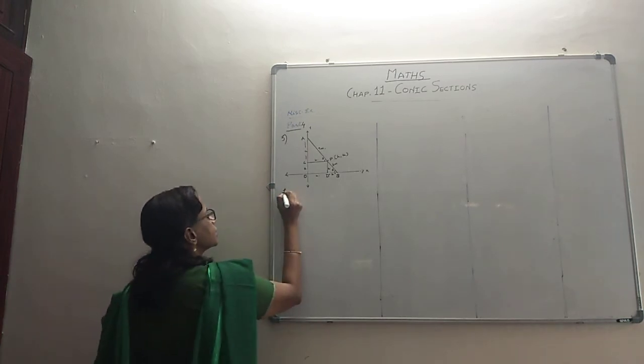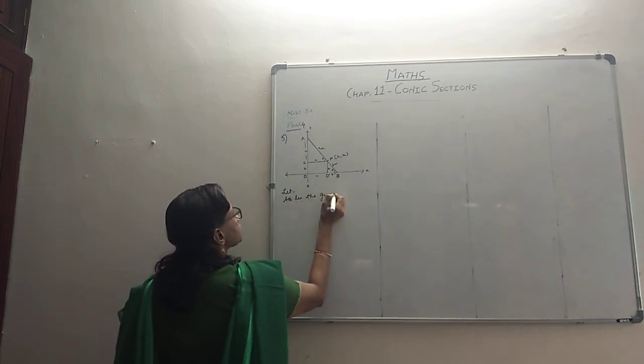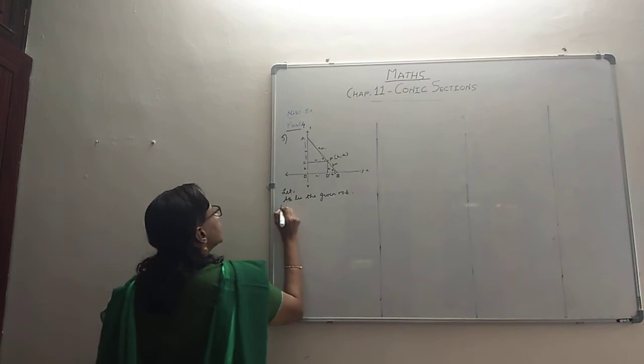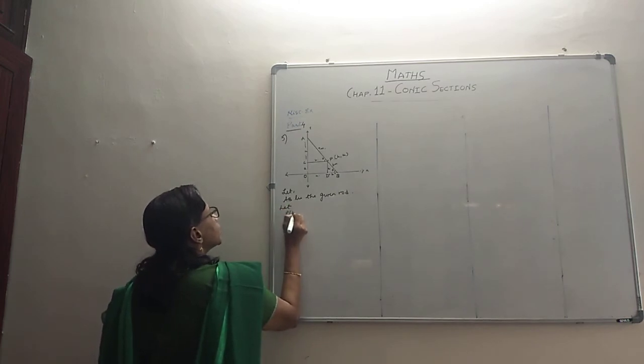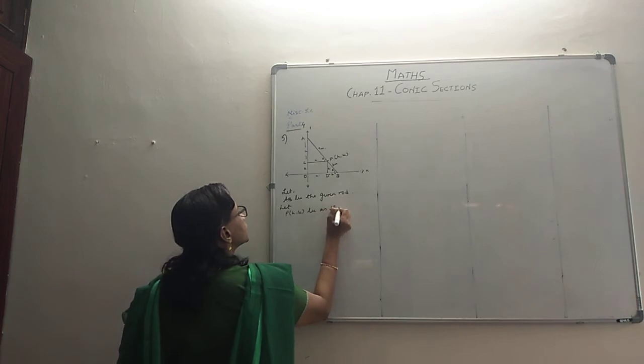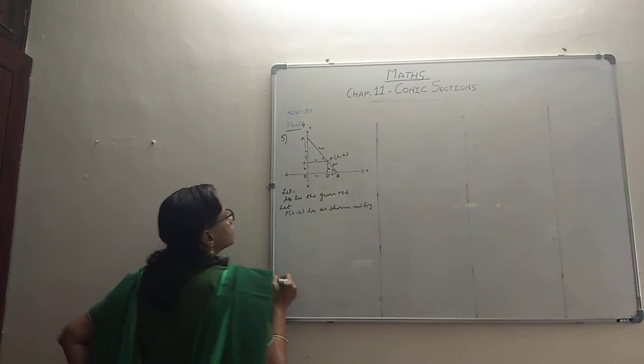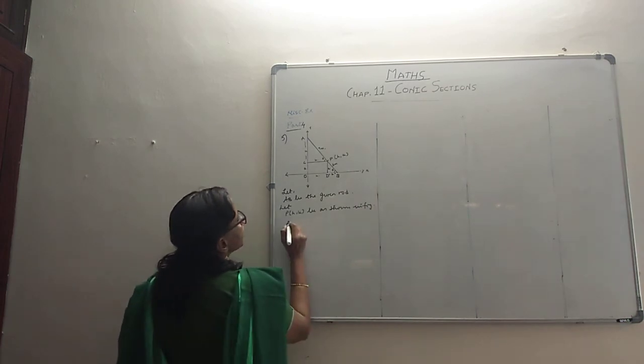So let's start with our assumptions. Let AB be the given rod. Let P with coordinates (h, k) be as shown in the figure. Then we have to introduce other things also.